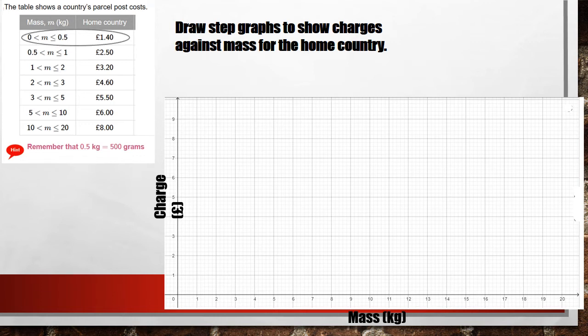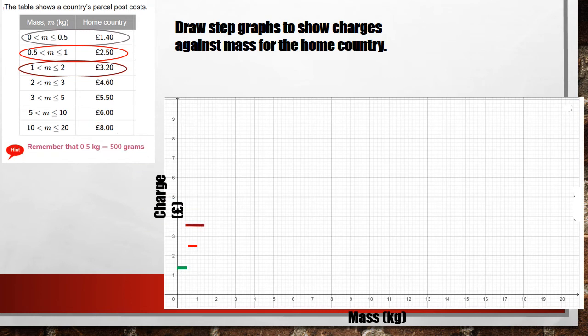From 0 to 0.5 is 1.40 pounds. I have to go to 1.40 and make a horizontal line from 0 to half on the horizontal axis. Then 0.5 to 1 is 2.50 pounds. Go to 2.50 pounds and draw a line from half to 1 horizontally. If the mass is between 1 and 2, it is 3.20.